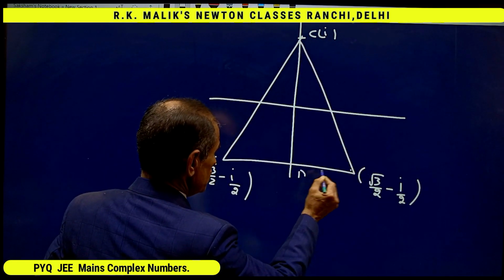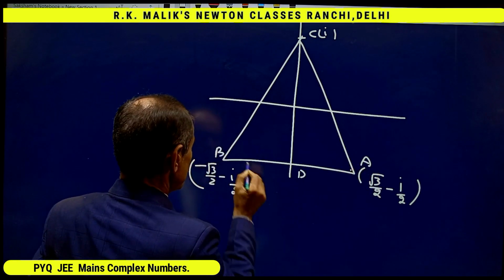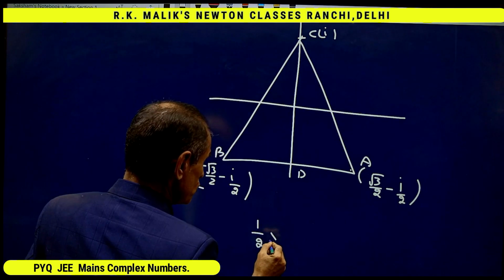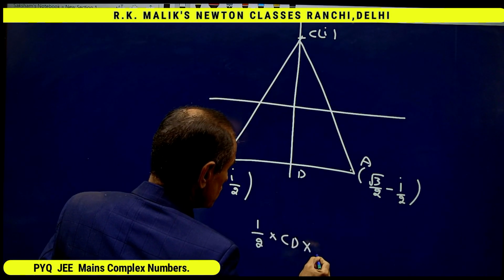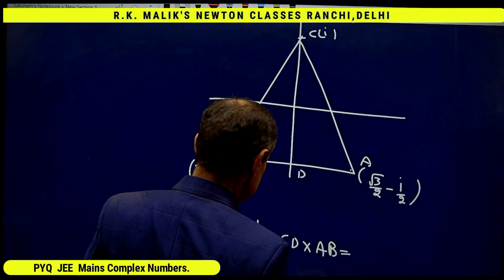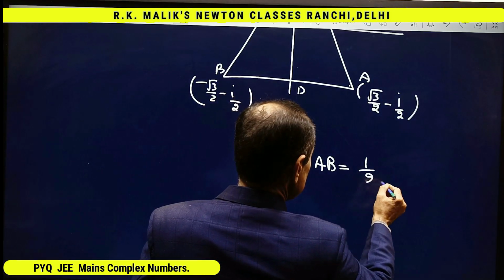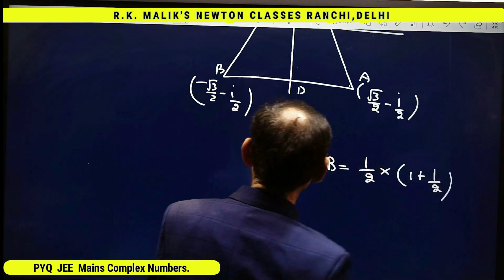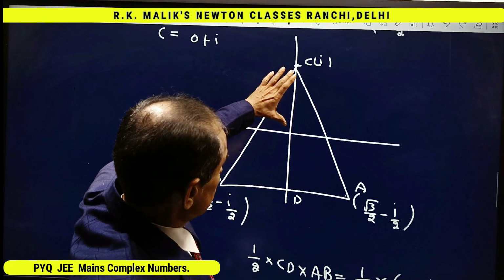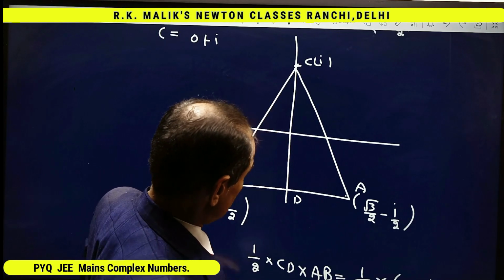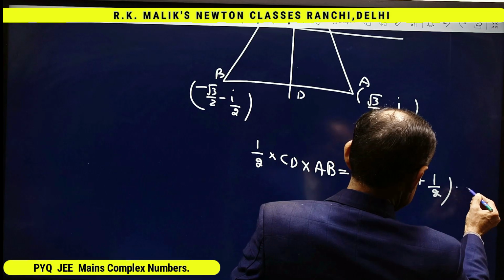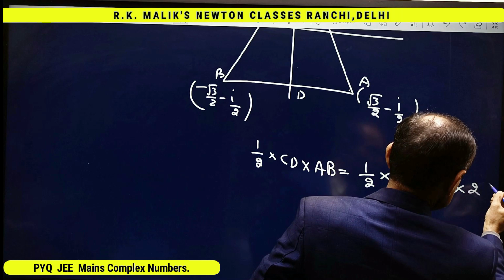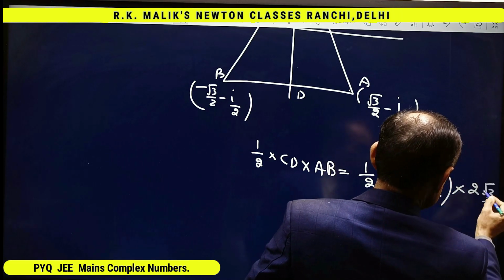Suppose this point is D. Clearly area is 1 by 2 into CD into AB, that is 1 by 2 into 1 plus 1 by 2, because this length is 1 and this length is 1 by 2, into this length is 2 into root 3 by 2.